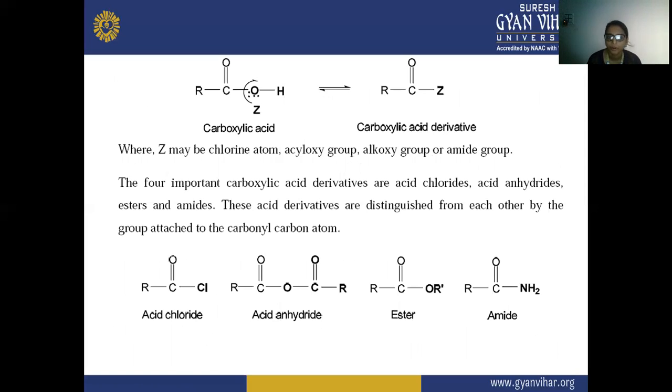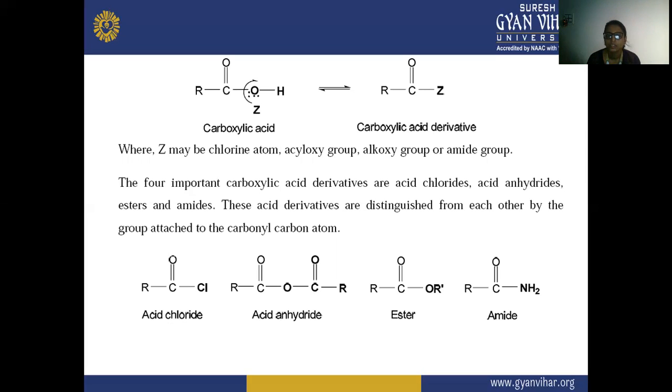The four important carboxylic acid derivatives are acid chloride, acid anhydride, esters, and amides, and these acid derivatives are distinguished from each other by the group attached to the carbonyl carbon atom.